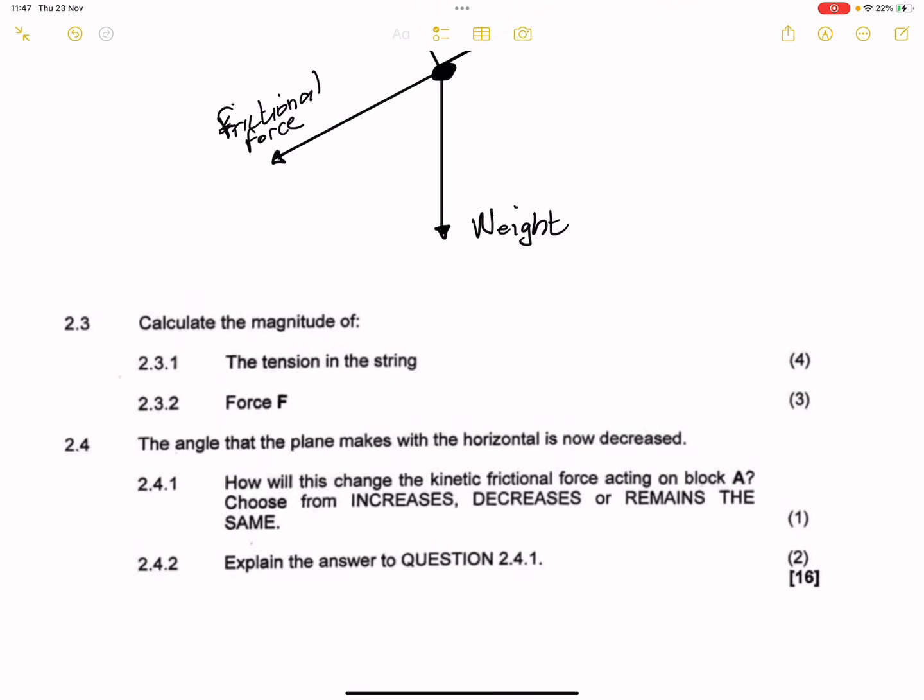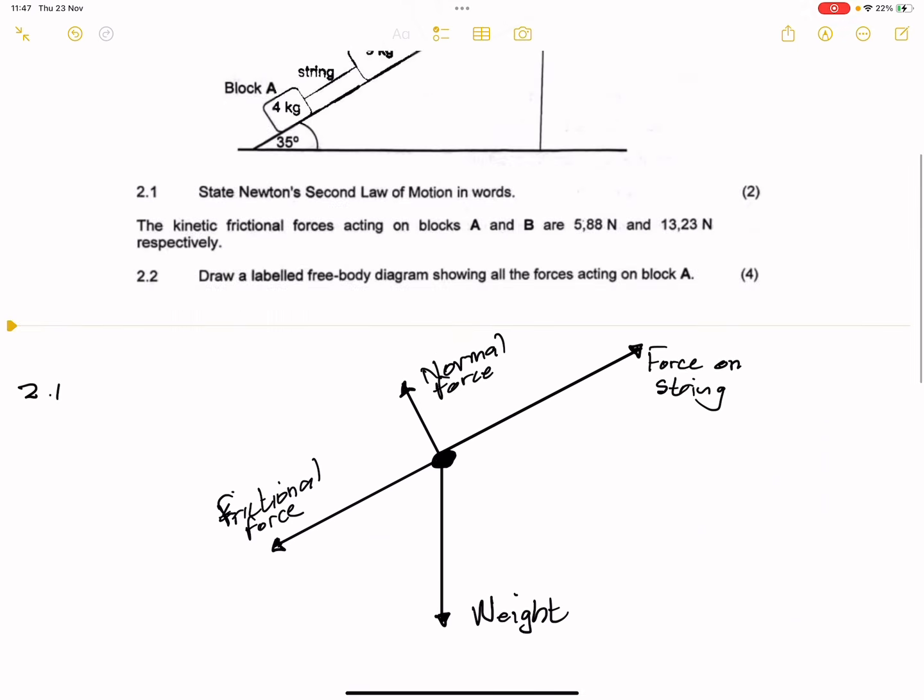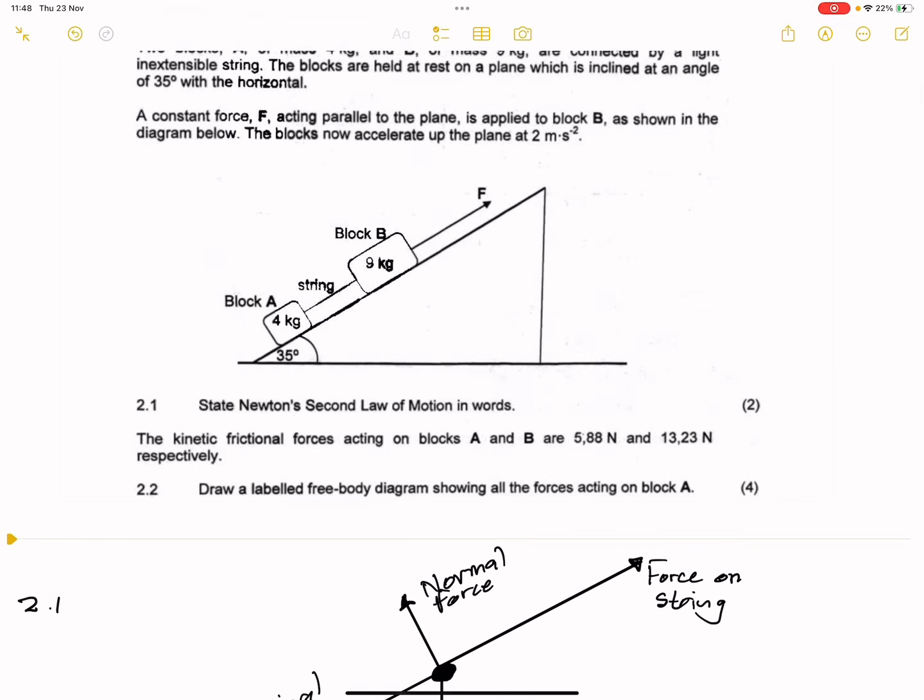Okay, so they say calculate the magnitude of the tension in the string. Right, now what we want to do, ladies and gents, is start with block A because we've got most of the information that we need.